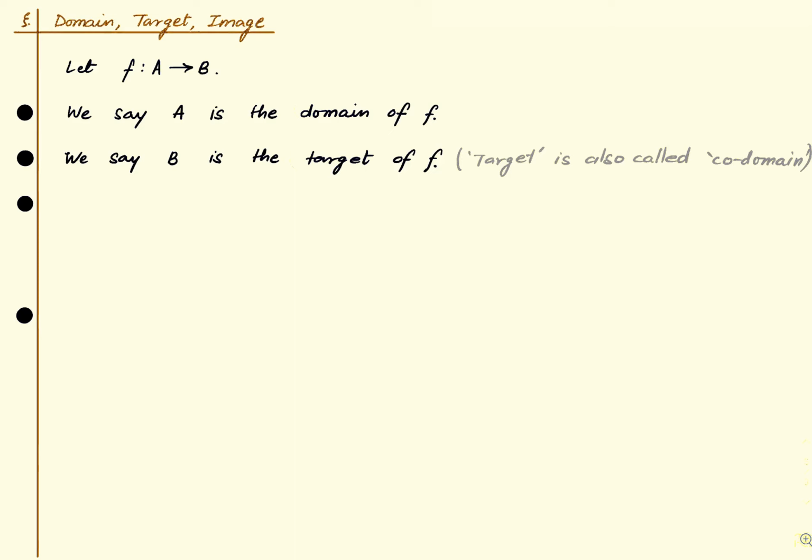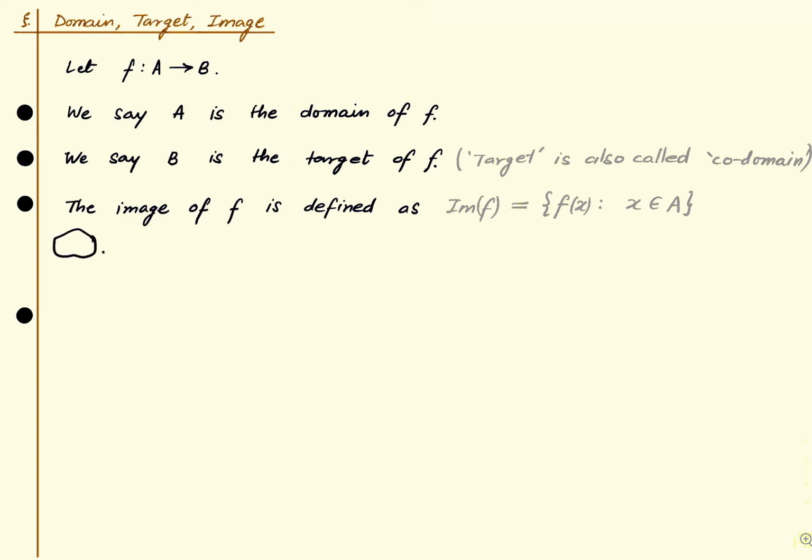All right. The image of a function is defined as the set of all the outputs that f generates. It's a very simple concept. So perhaps I'll draw a picture.